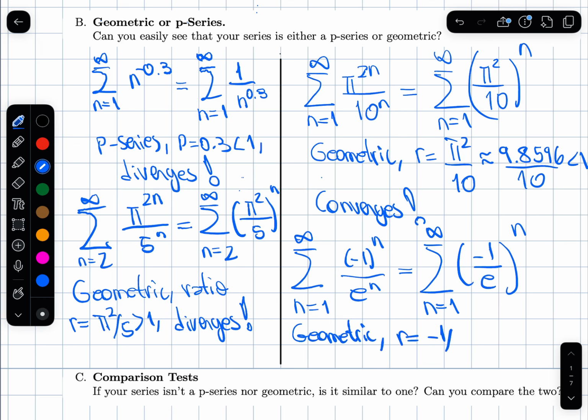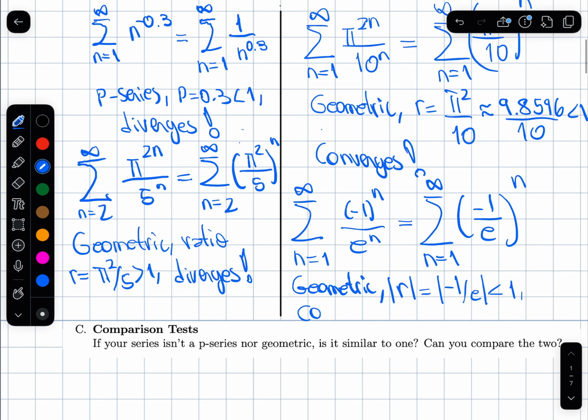Ratio is -1 over e, which is less than 1 in absolute value, right? So I'll say absolute value of the ratio is less than 1, so this converges. This is maybe the first example in which you see that following those steps is helpful.